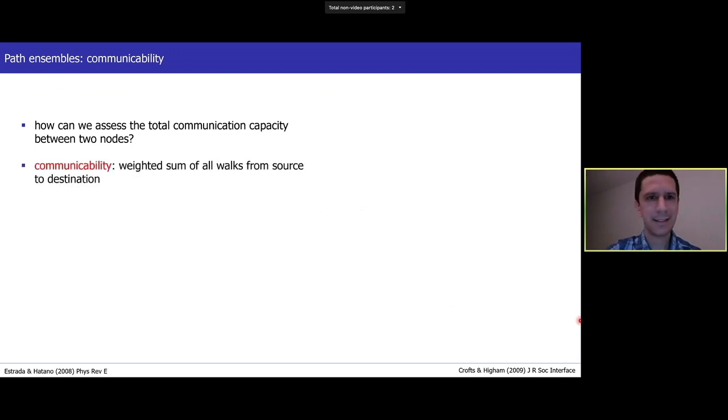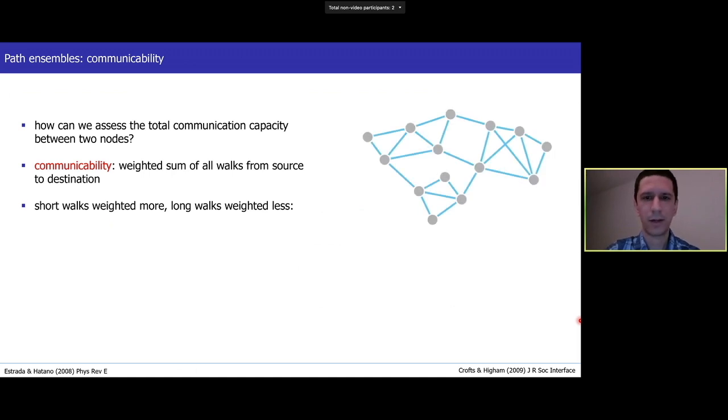Communicability is a statistic that actually is a weighted sum of all possible walks between a source and a target. And it's one that weighs the short walks more and the long walks less. So it emphasizes more direct communication channels than the less direct ones.